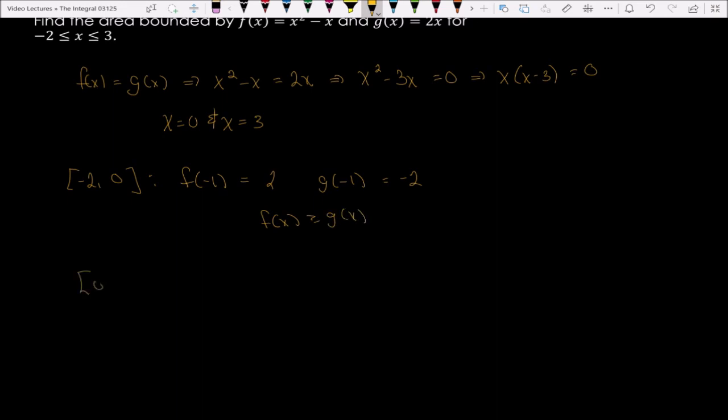Now we look at 0 to 3. Let's use 1 in there. So f of 1 is 0. g of 1 is 2. So over this interval, g of x is our larger function.